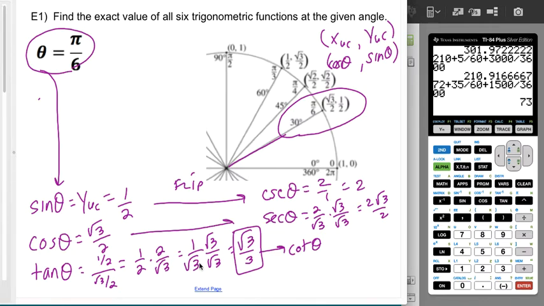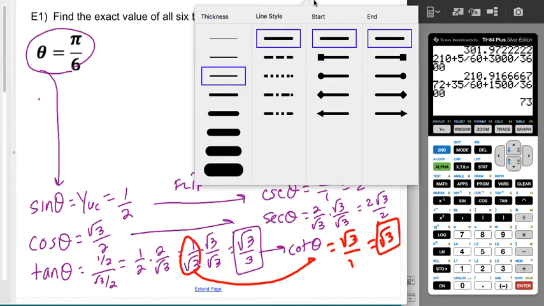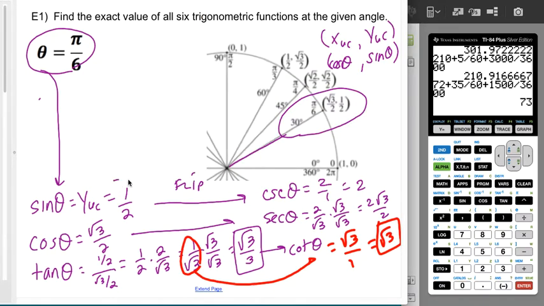Flip the version that was already, like this was the original version, right? If you flip this guy, it's already a √3/1 or just √3, and you don't have to re-rationalize. If you flip the simplified version of tangent, you would have to go back and rationalize again to fix the rationalizing you'd already done. So those are my 6 trig functions, right? So sine, cosine, tangent, and then cosecant, secant, and cotangent.